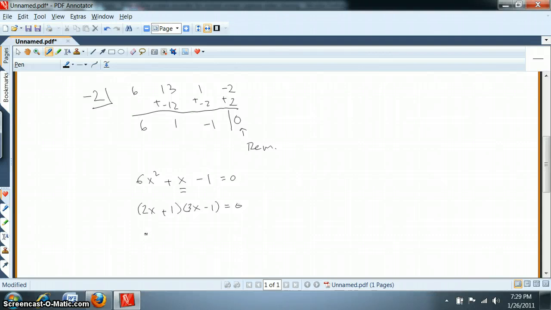So 2x plus 1 is equal to 0, or 3x minus 1 is equal to 0. So if we solve this, we're going to get x equals negative 1/2, which was also on the list, or x is equal to 1/3. And voila, we actually have all three zeros, which are negative 2, negative 1/2, and 1/3. And we're done.